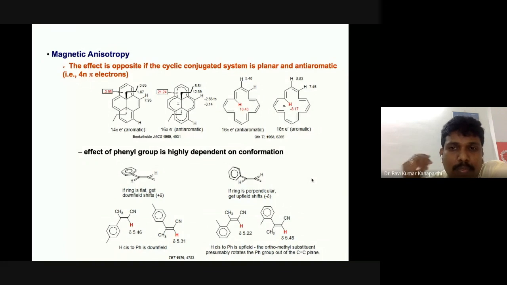In the case of an aromatic compound, the protons which are attached to the ring, in the plane of the aromatic system, will be de-shielded, and protons which are above the plane or below the plane are basically shielded. The reverse phenomenon is observed in the case of anti-aromatic compounds.